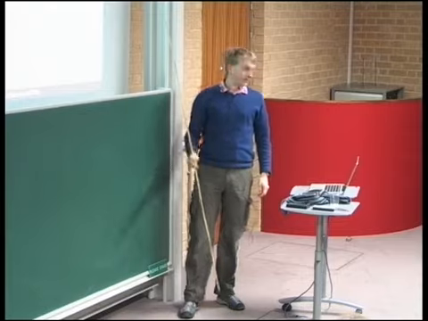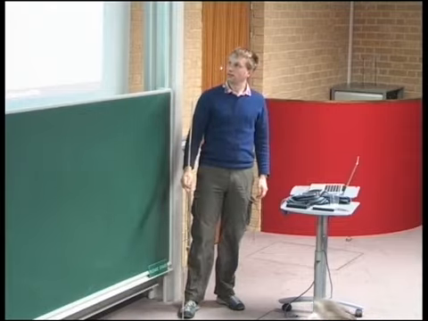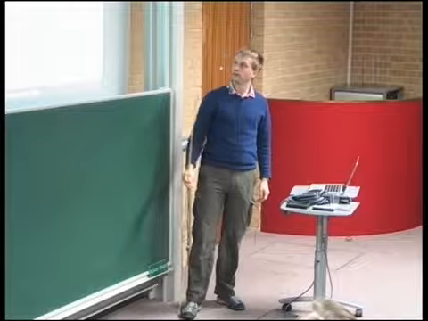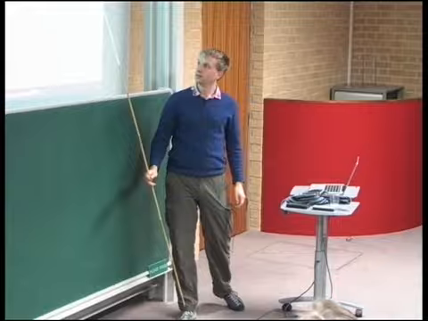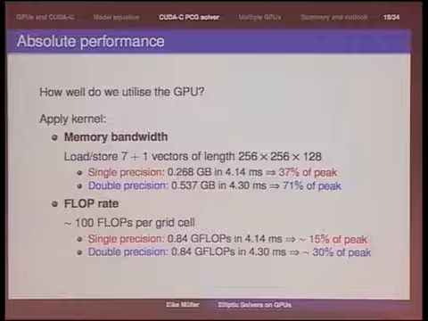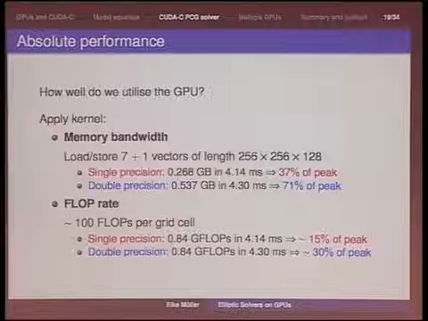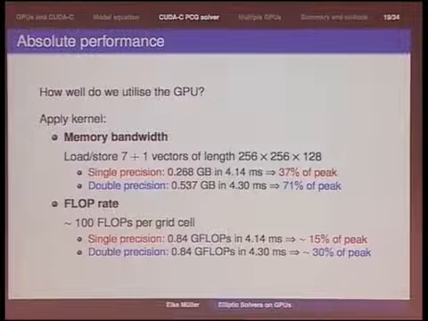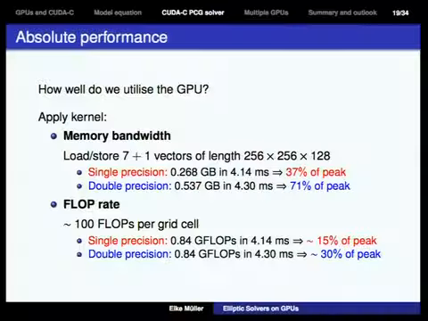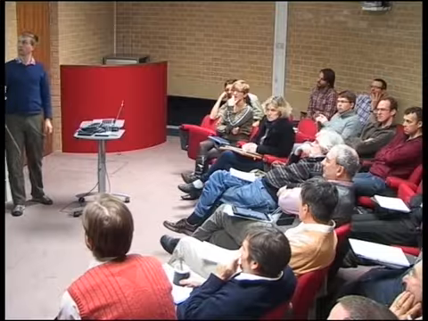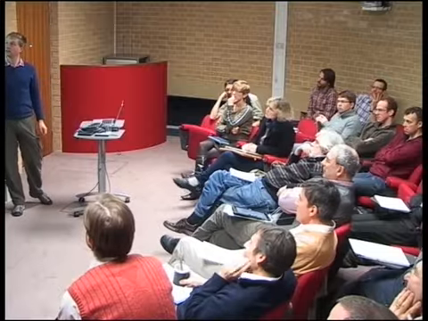I don't quite understand the 1 vector and the 7. Why is there 7 loaded and 1 stored? Well, you have to load x 7 times and write y back once. This is the matrix-free one, not the pre-computed matrix. If you do it matrix explicit, you have an additional load.